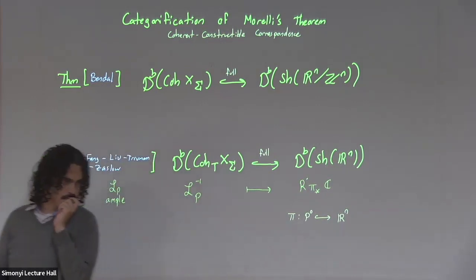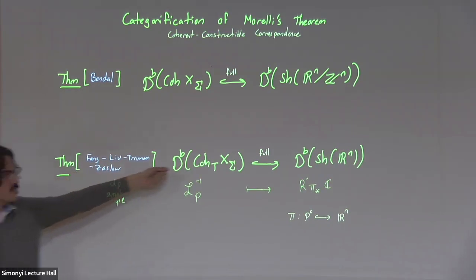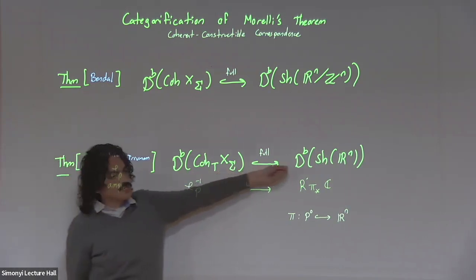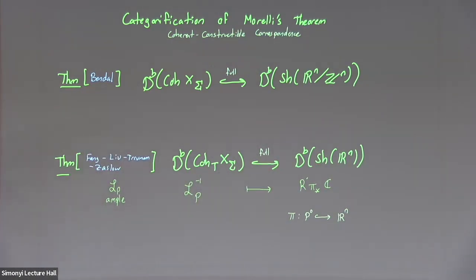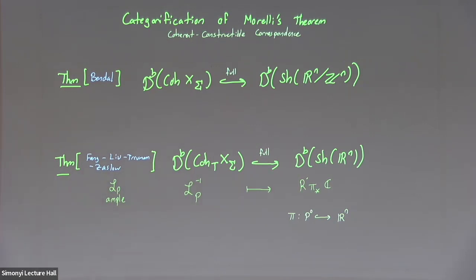Is the theorem just that there's an embedding like this, or is there some description of the essential image of the function? Yeah, Bondal's theorem is exactly this. And the FLTZ theorem is, first of all, stronger. It's in the DG context, and they completely tell you what the image is. You land in compactly supported constructible sheaves with respect to a certain stratification coming from this, and it has particular singular support, which is kind of telling you what the cones look like at the vertices of this sheaf.